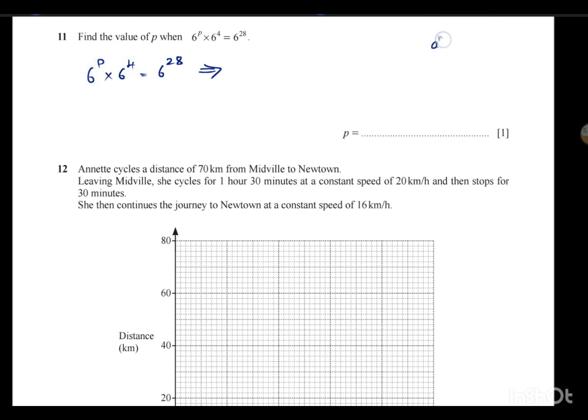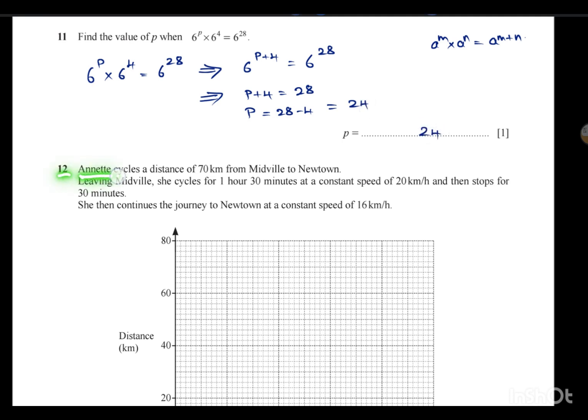Using the rule a raised to m into a raised to n is equal to a raised to m plus n. So 6 raised to p plus 4 is equal to 6 raised to 28. So when the bases are the same, the exponents also will be equal. So p plus 4 will be 28. Solving for p, if you bring 4 onto the right hand side, it is subtracted. So the p value is 24.